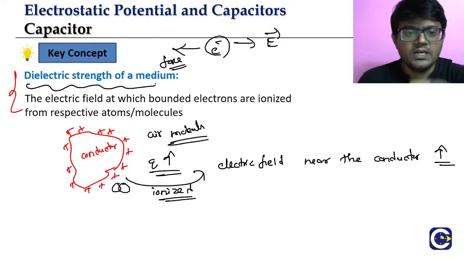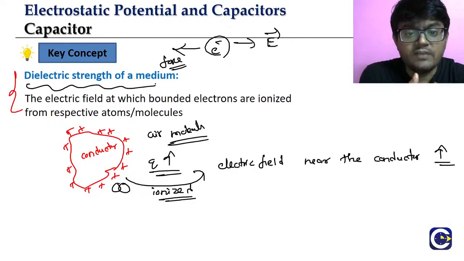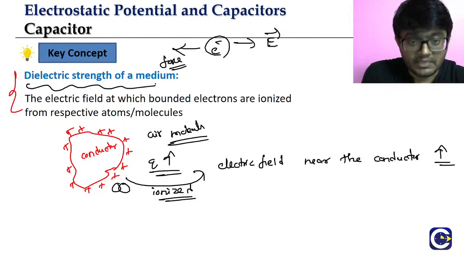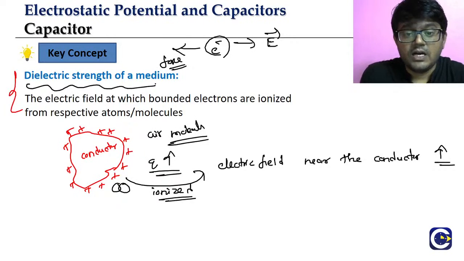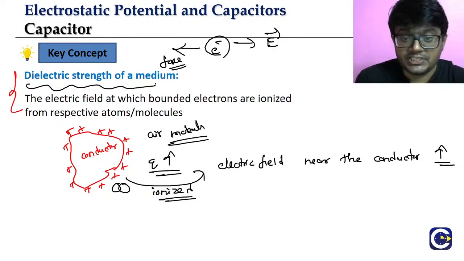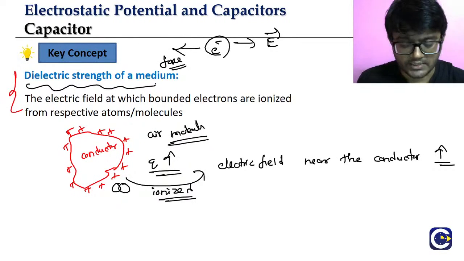In fact, we have a chapter, the concept of atoms, where we will discuss photoelectric emission in modern physics. What is photoelectric emission? If you have a metal, like the group 1 metals which have low ionization energy, and you incident some suitable light on the metal surface, the electrons will start coming out of the surface.